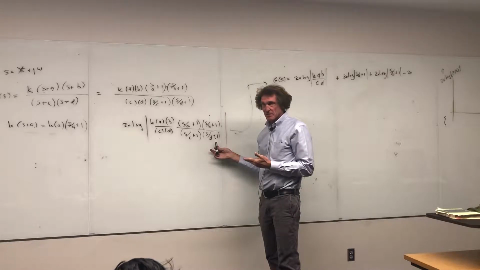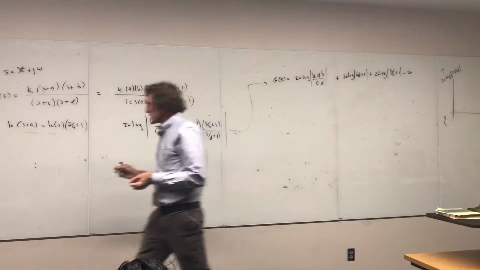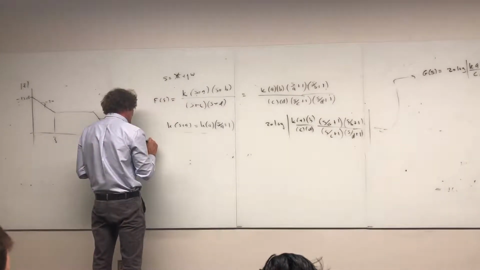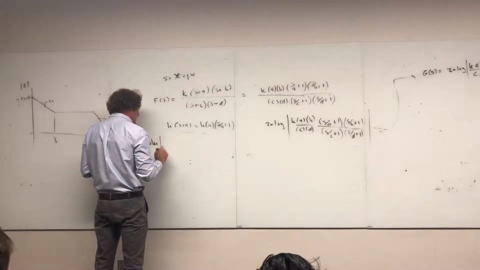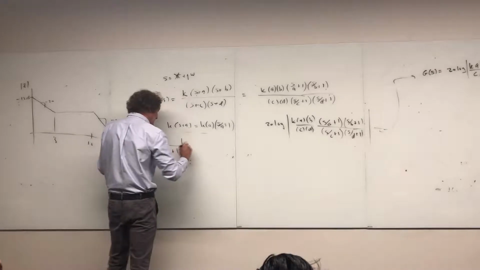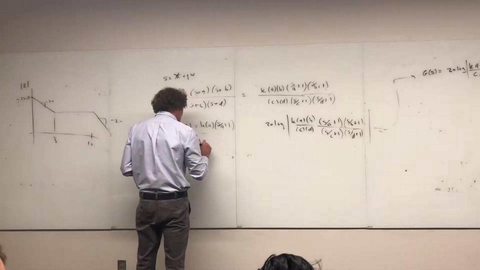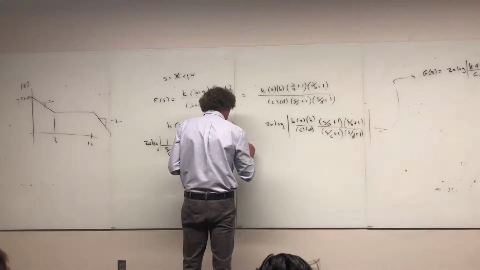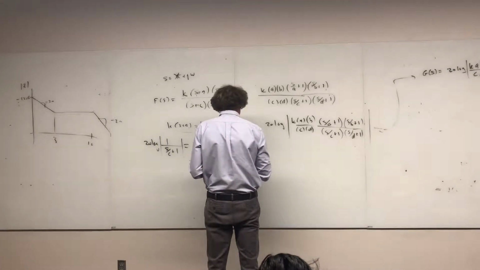Do y'all follow me on this, class? Just so everybody knows, 20 times the log of the magnitude of 1 over S over, say, C plus 1, that's 20 times the log of 1 minus 20 times the log of magnitude of S over C plus 1.